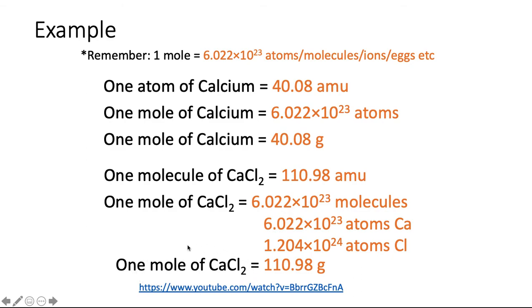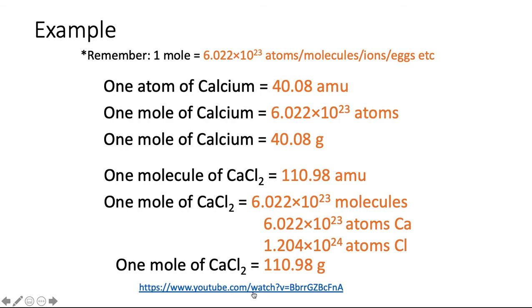If I were to look at the mass of 1 mole of calcium chloride, or the mass of 6.022 times 10 to the 23rd molecules of calcium chloride, I would find that it weighed this much. And I've made this video to show you how to calculate this number when you have two different atoms that make up the molecule.